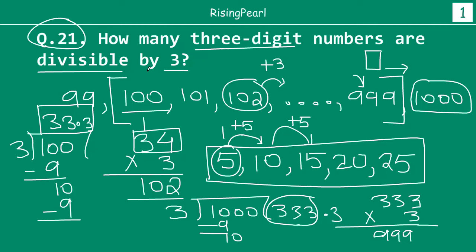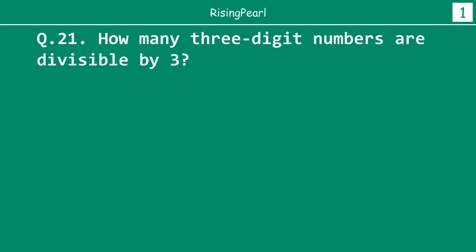Initially our set of numbers were all the 3-digit numbers. But if we are talking about the numbers which are divisible by 3, then that is a very different set. So now let's clean this up a little bit and give ourselves more space.